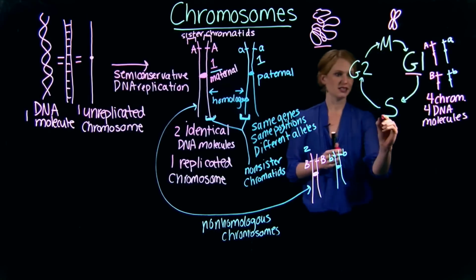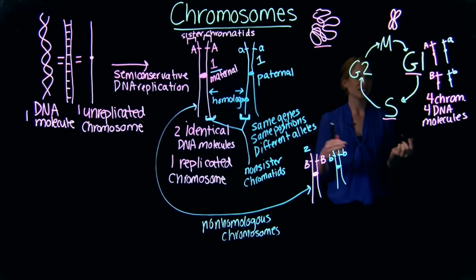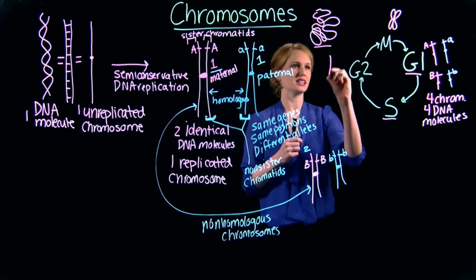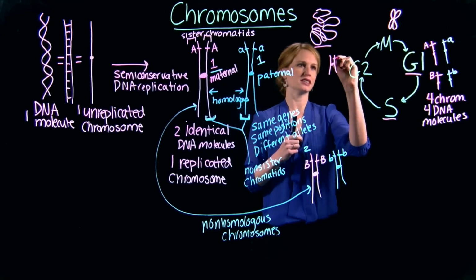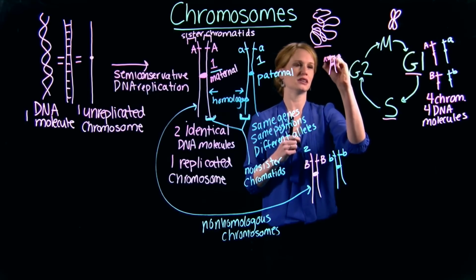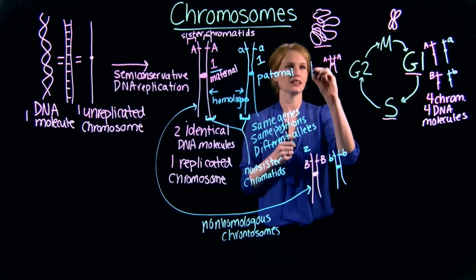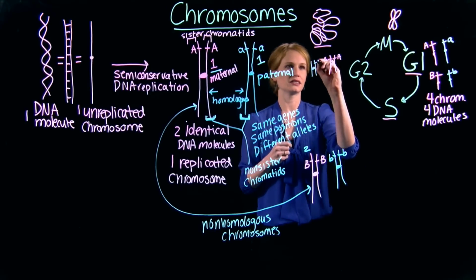So during S phase, these chromosomes replicate semi-conservatively, so that in G2 phase of the cell cycle, what you end up with is that each chromosome consists of 2 identical sister chromatids held together.